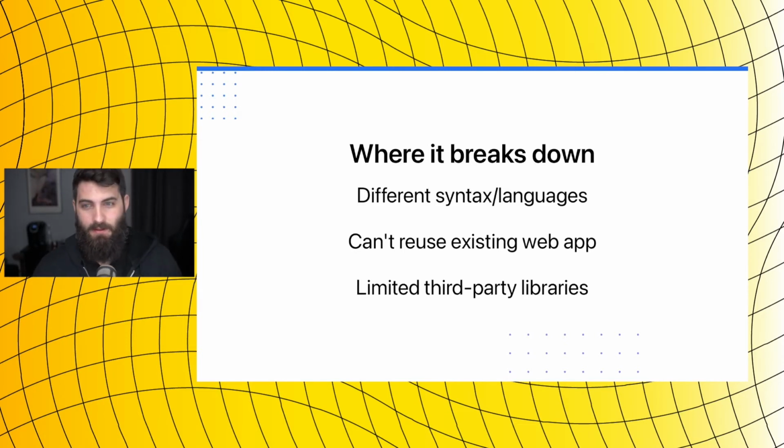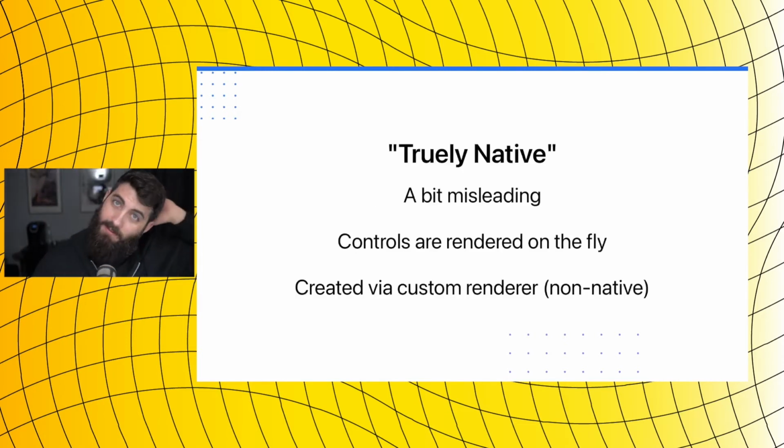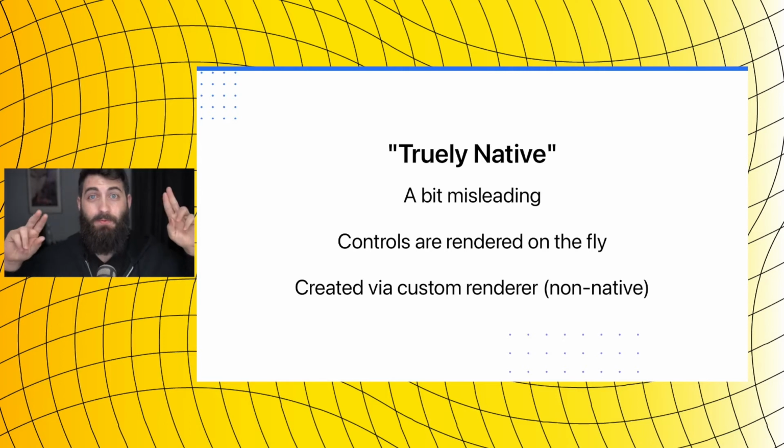So the last little bit, and this might be something that not everyone agrees with, is that the idea of it being quote unquote truly native is a bit misleading. There's still some level of a runtime and a bridge layer, as we saw from the architecture overview, where all these controls are being rendered at runtime.